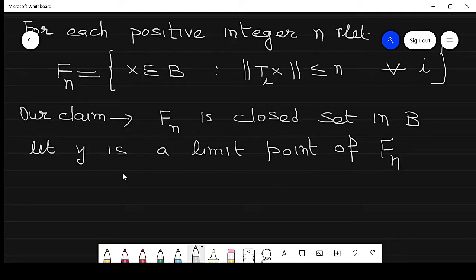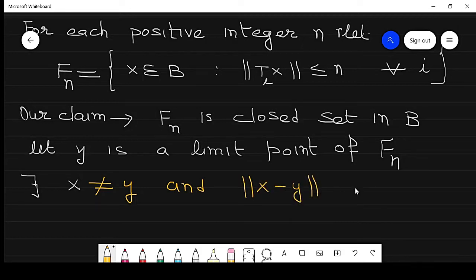Now by definition, if Y is a limit point of Fn, there exists some X belonging to Fn such that it satisfies two conditions: X is not equal to Y, and norm of X minus Y is less than delta.